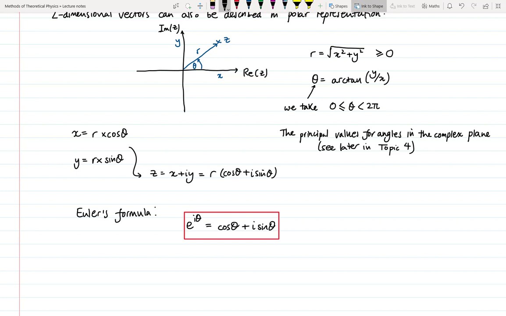The proof of this relationship is probably easiest to see if you perform power series expansions of the left and right hand sides. So I'll just squeeze it in on the right hand side here briefly.